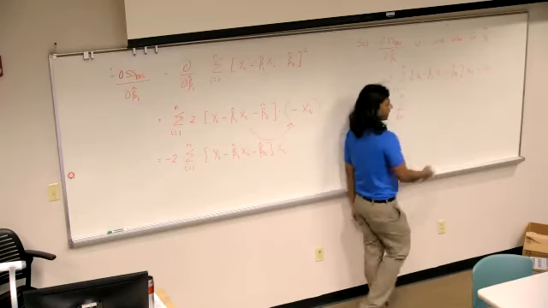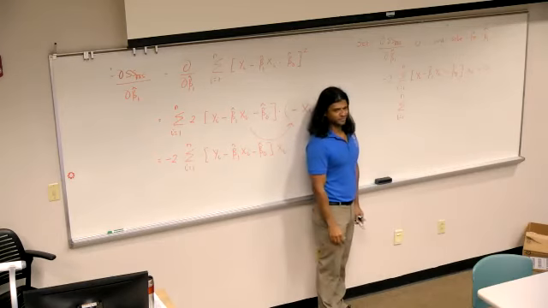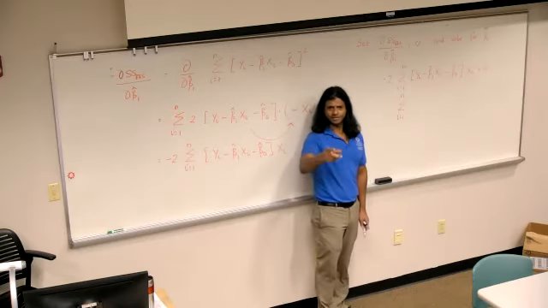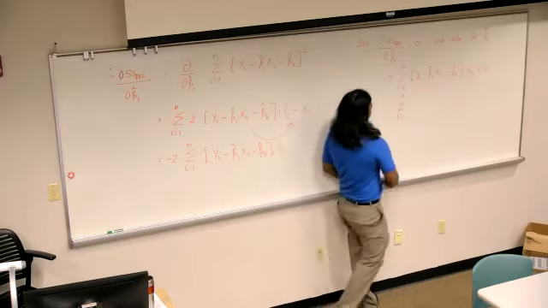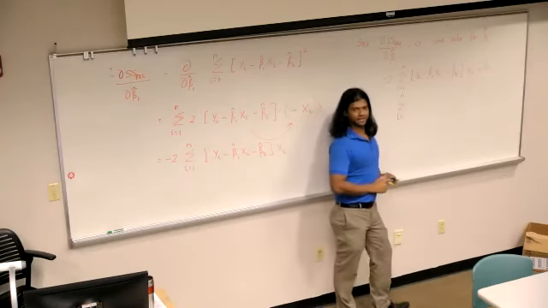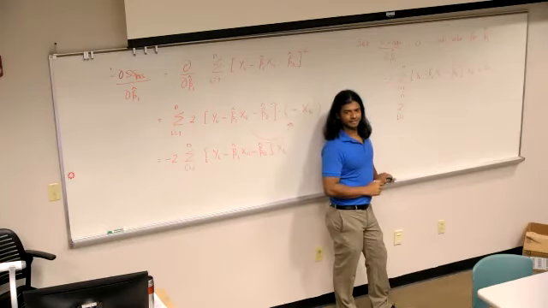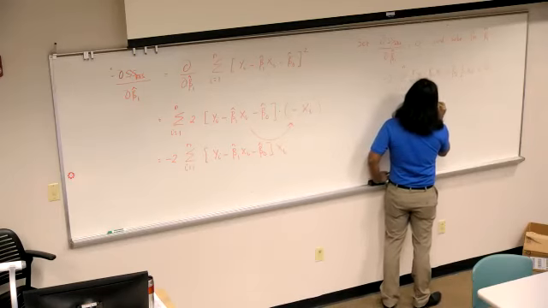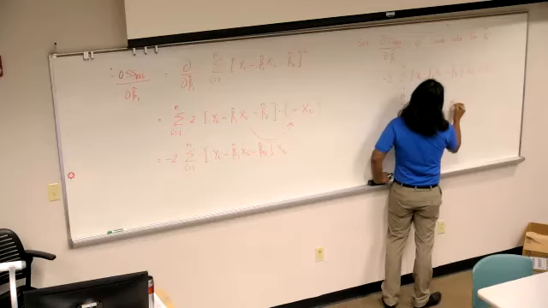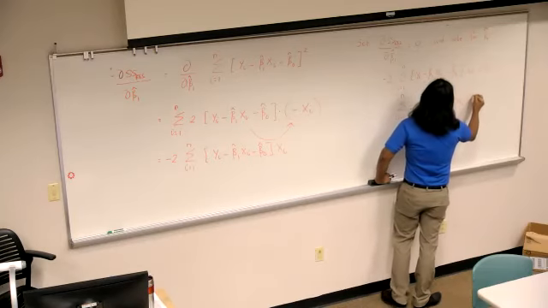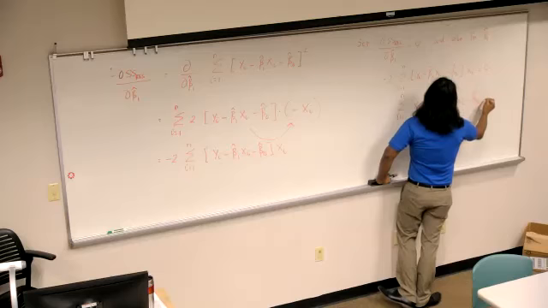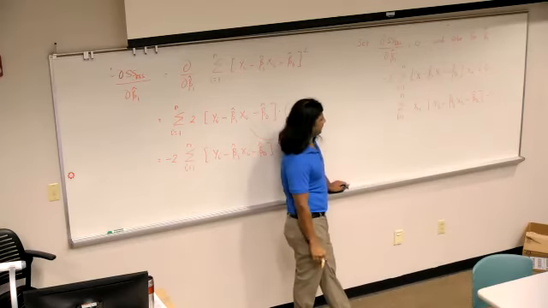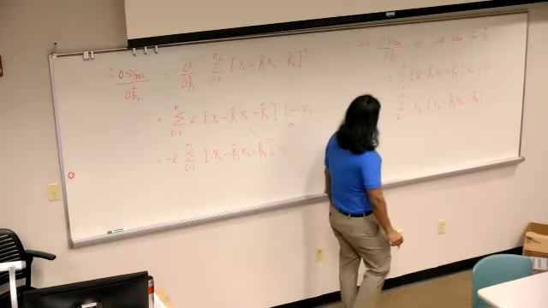Can I divide by xi and get rid of that too? No. Alison? No. Henna? Henna says no. Why? There is an i in it, so we can't get rid of that.